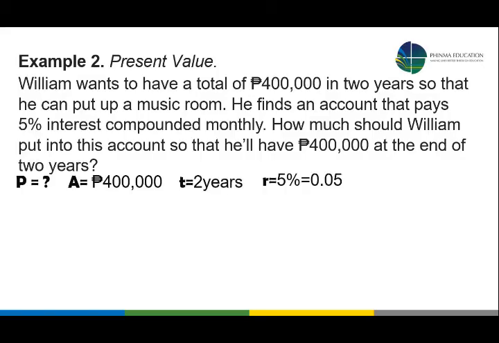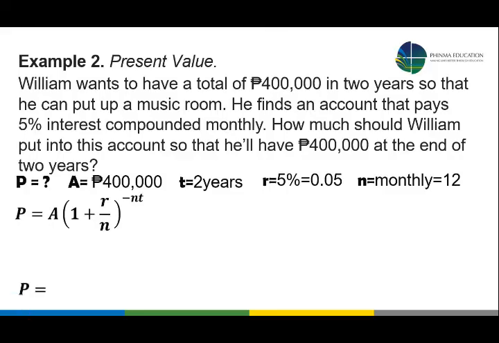Again, in 2 years, a rate of 5% or 0.05, compounded monthly, or 12 times a year, the money will be accumulated. The formula would be P equals A multiplied by the quantity 1 plus the quotient of rate and number of compounding periods, raised to negative the product of number of compounding periods and time.